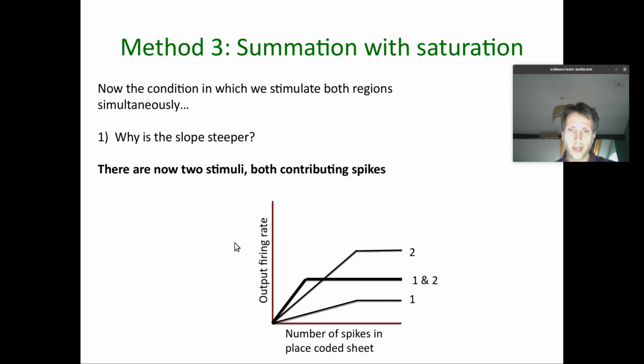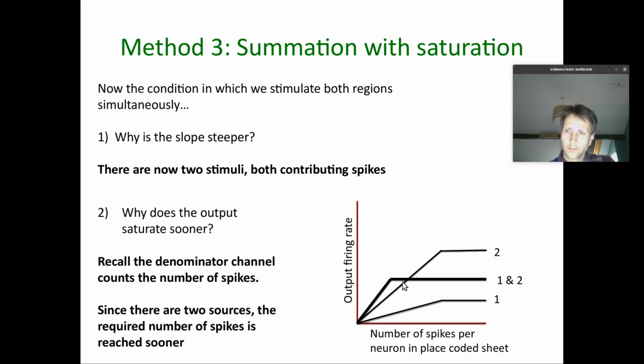That's why we stop increasing much earlier and go to the final constant output value, and that's how we get our average output. So there you are. I think that's what I just said. That's a more biologically plausible approach that achieves division, but does it in a summation with saturation way.